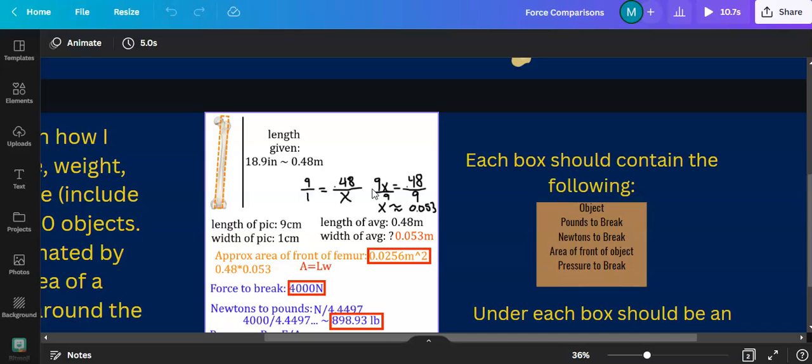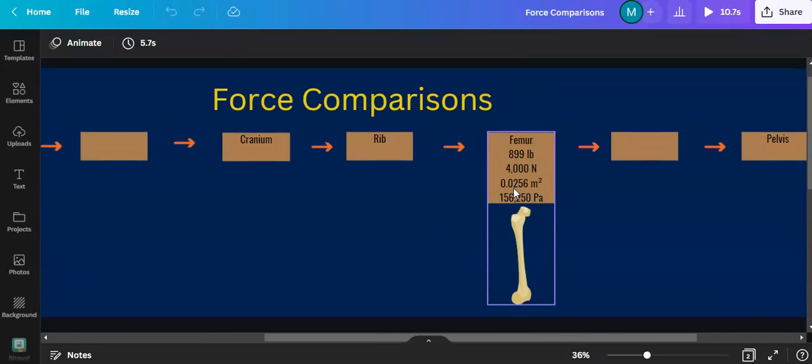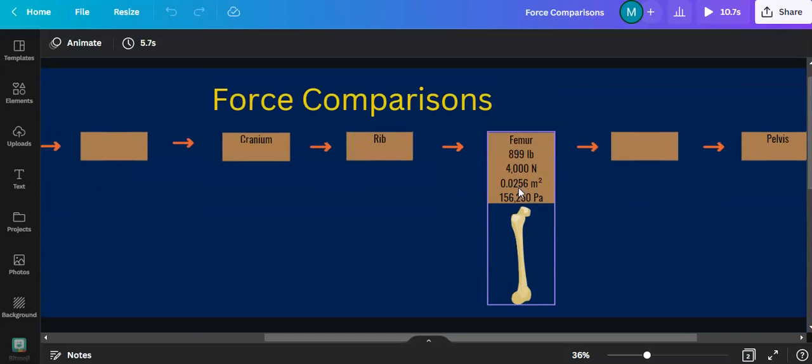So we could cross multiply. We have 9x equals 0.48. Divide each side by 9. We get approximately x is 0.053. So that's where we get this from. We're going to multiply the length times the width from there, and we get the 0.0256 meters squared.